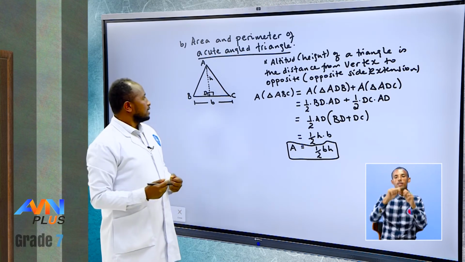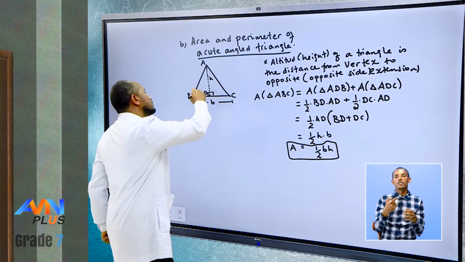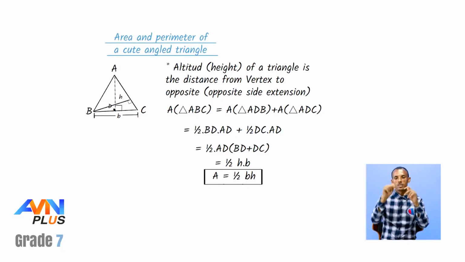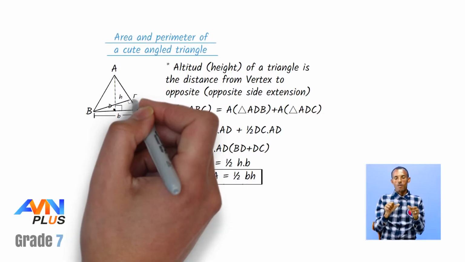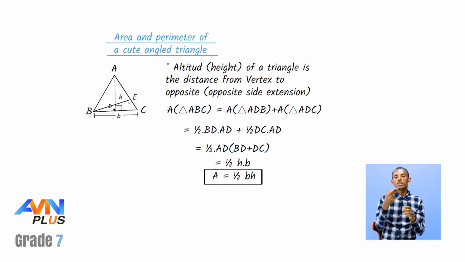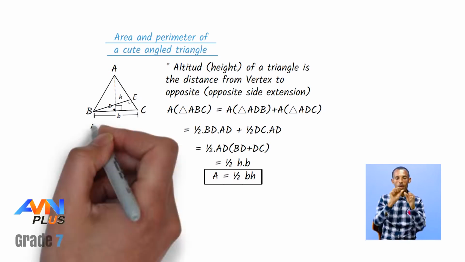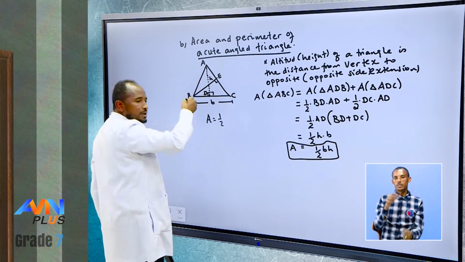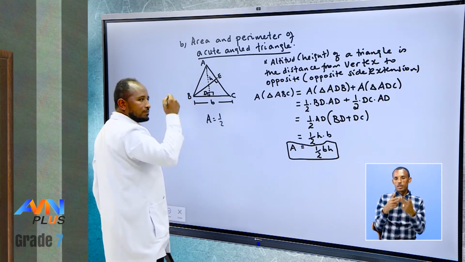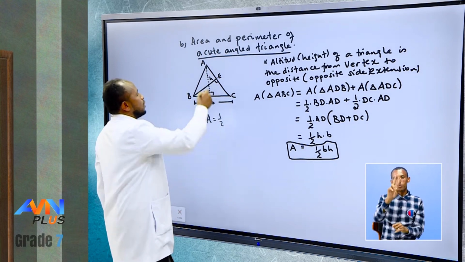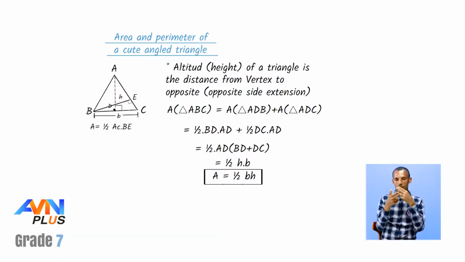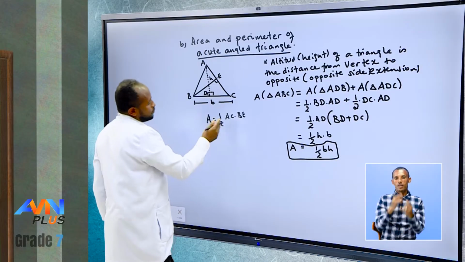By the way, not only this one, you can use the other altitudes to calculate the area of this triangle. Using this as an altitude, assume this one is BE, you can calculate its area. It is half times the base, in this case this one, and the altitude is this one. So take the product of the two and divide it by 2. So simply it is AC times BE divided by 2 will be the area.